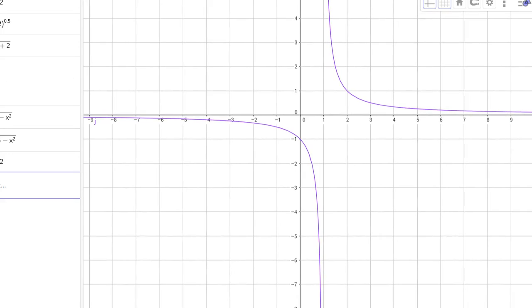And the range is greater than 0 to infinity, and also less than 0 to infinity. So it is all the values of y. But the domain, which is the most important here, is all x except when x is equal to 1.